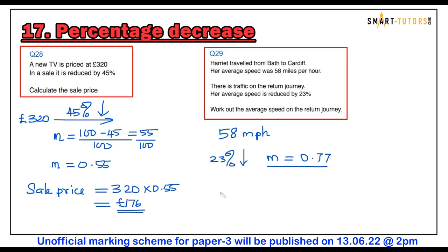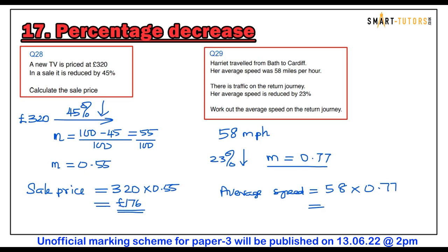So the return journey average speed is going to be the original speed, 58, times the multiplier 0.77. I'm using a calculator again. So 58 times 0.77.